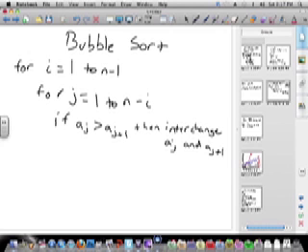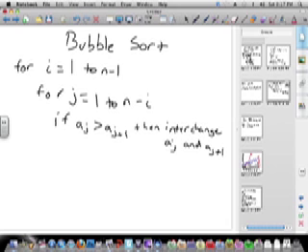For another example, we will also analyze the worst case time complexity of the bubble sort algorithm. The bubble sort sorts a list by performing a sequence of passes through the list. During each pass, the bubble sort successively compares adjacent elements, interchanging them if necessary. When the ith pass begins, the i minus 1 largest elements are guaranteed to be in the correct positions.